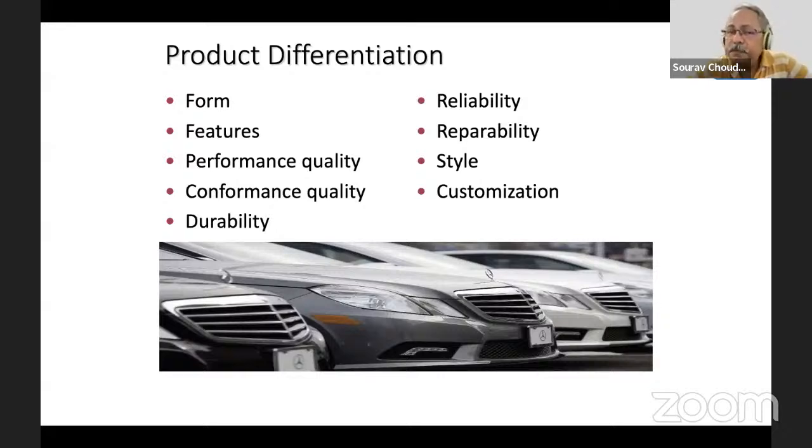Now, if I come back to your products, or possibly your gear oils, when you compare gear oils possibly with Castrol, or possibly with Petronas, or possibly with some other company which makes great quality gear oil. Your customer also has some expectation from the gear oil. Your mechanics are your customer, and they have some expectation from the gear oil.